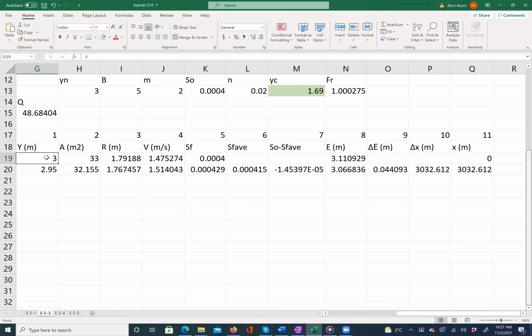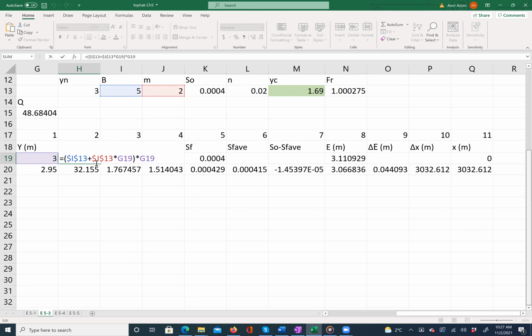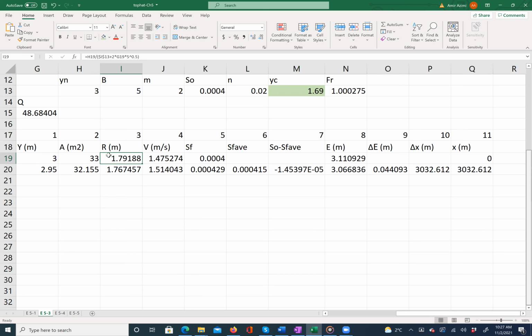The first column is the depth, and then cross-sectional area, B plus m times y. Hydraulic radius is area divided by wetted perimeter, B plus 2y square root of 1 plus m squared. Then we calculate velocity, discharge divided by cross-sectional area.